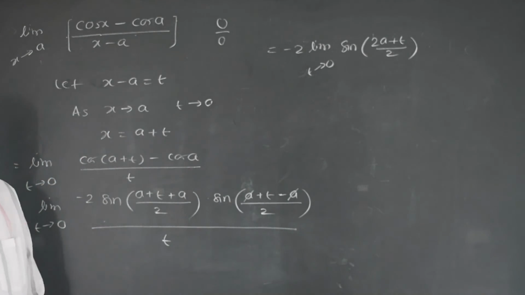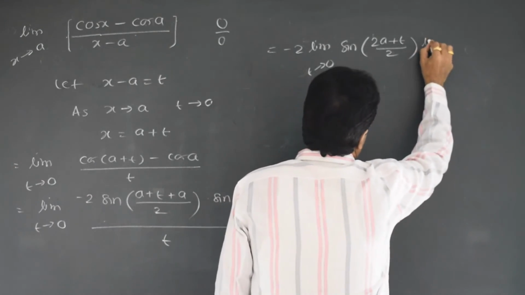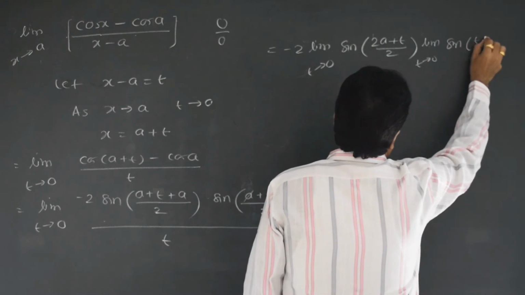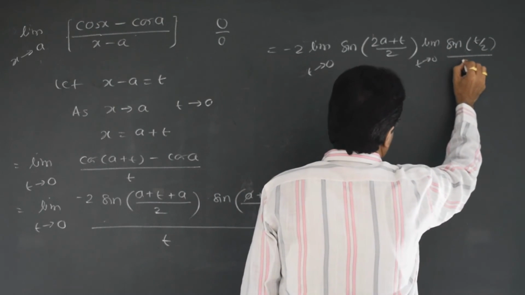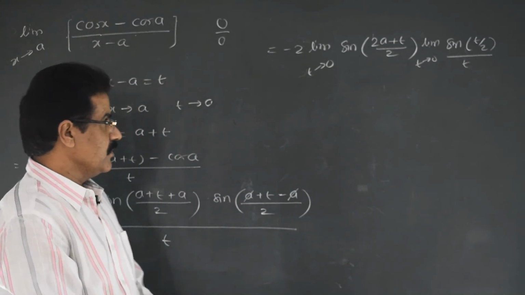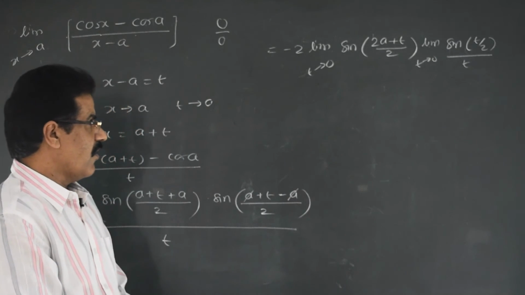That is the first term I have written. And then limit as t tends to 0, sin of (t upon 2) upon t as it is. So this is the way of splitting the term using the concept of algebra of limits.